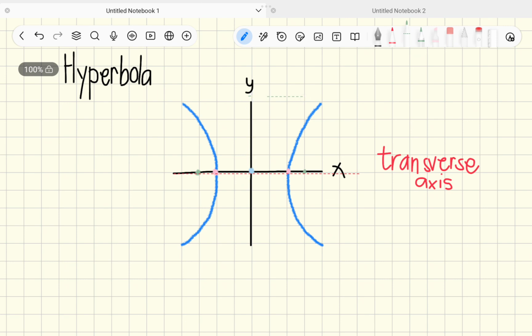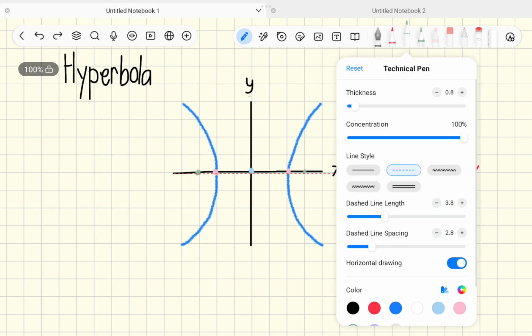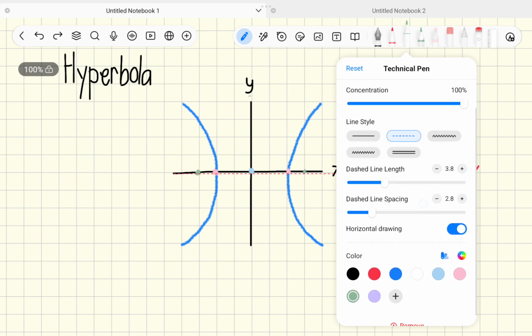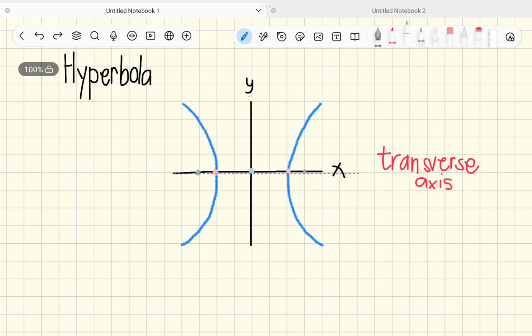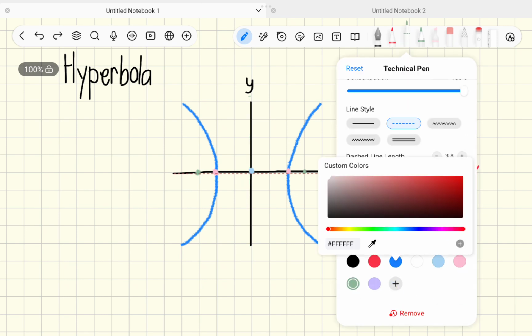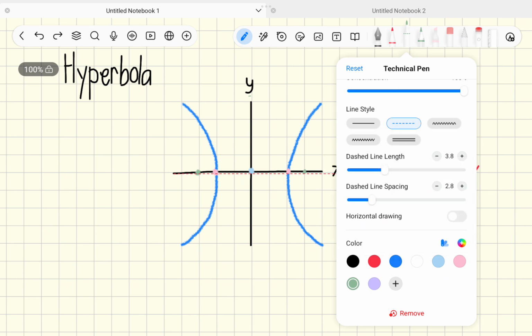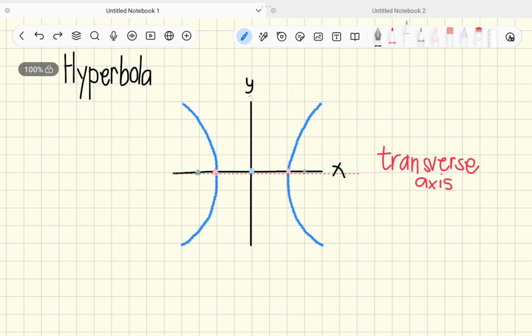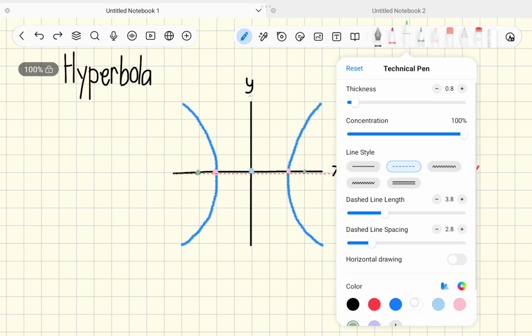So this is your conjugate. Let me try to have another color.